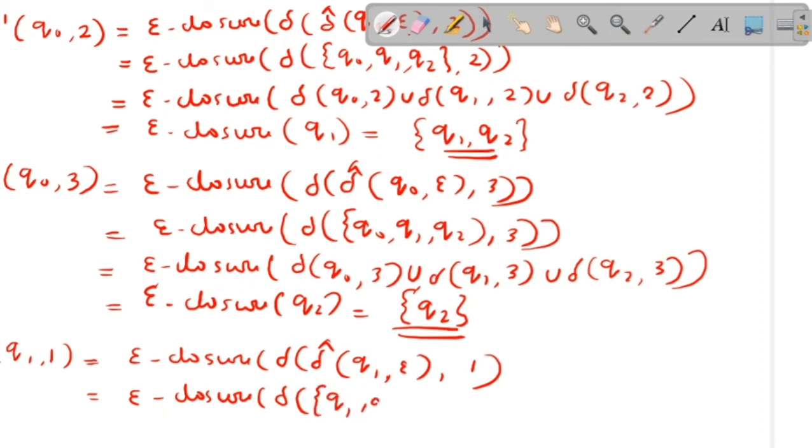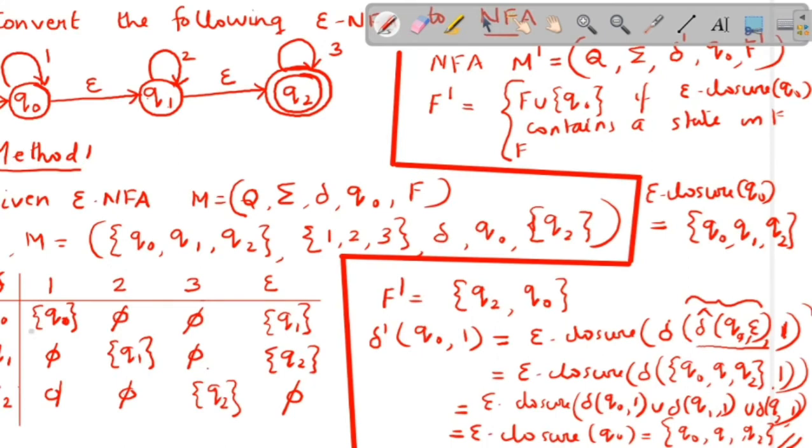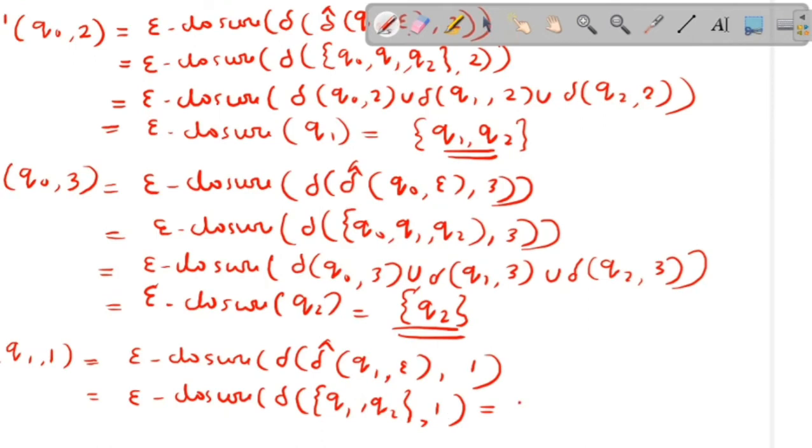So here it is Q1 Q2 comma 1. Okay, delta of Q1 comma 1 union delta of Q2 comma 1. Delta of Q1 comma 1 is null set, Q2 comma 1 is null set. So here it is epsilon closure of null set, that is null set, right?